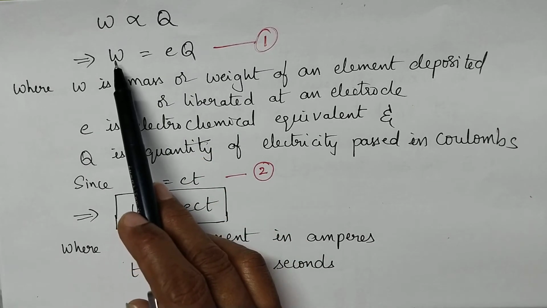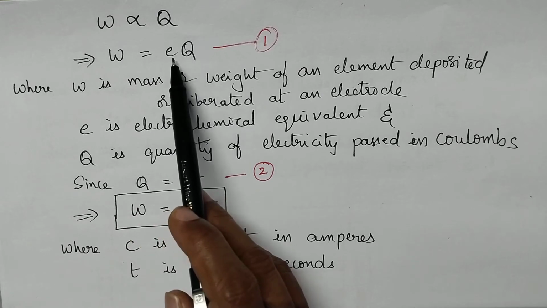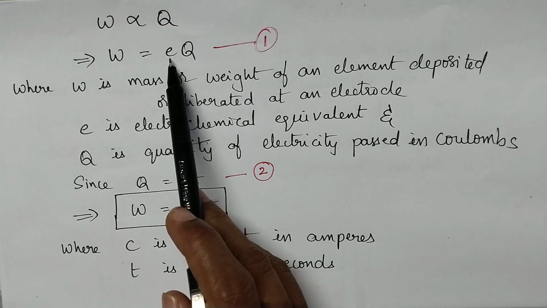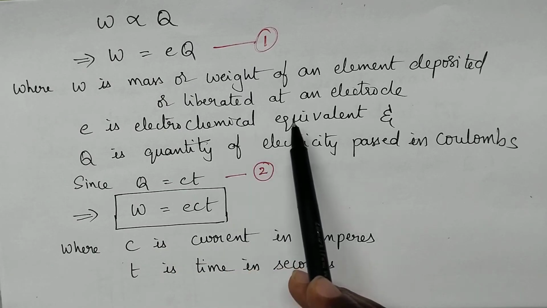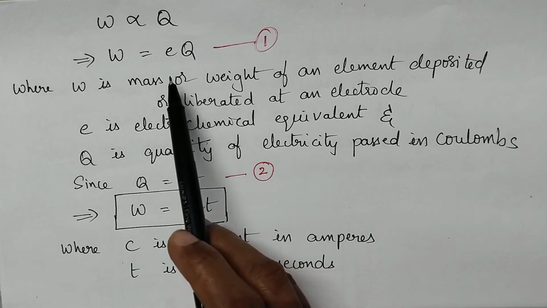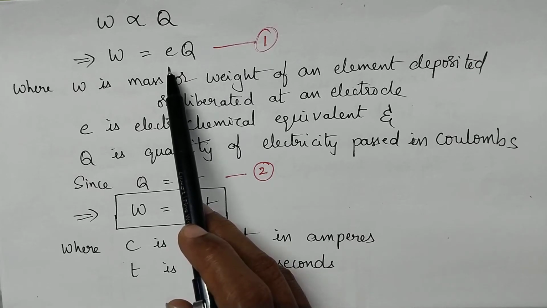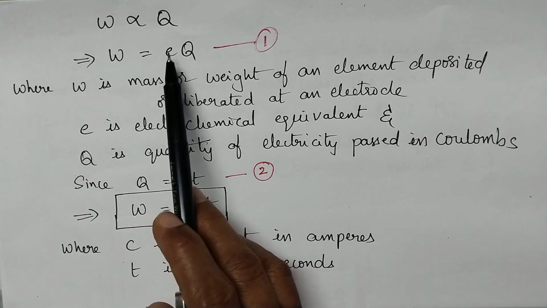That implies W is equal to EQ, where E is the proportionality constant, or it can be called the electrochemical equivalent. So what is the mathematical expression for Faraday's first law, students? W is equal to EQ.